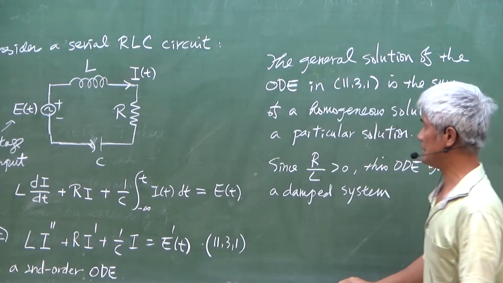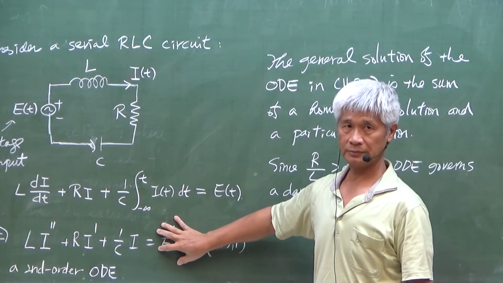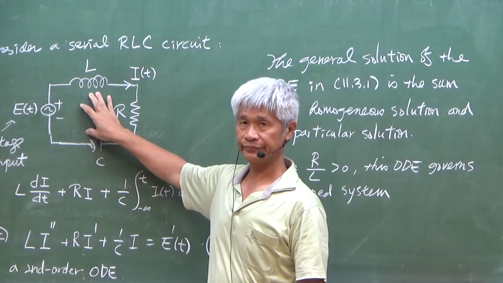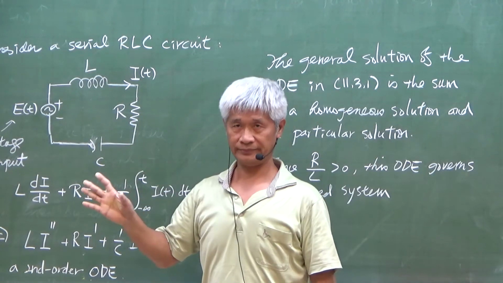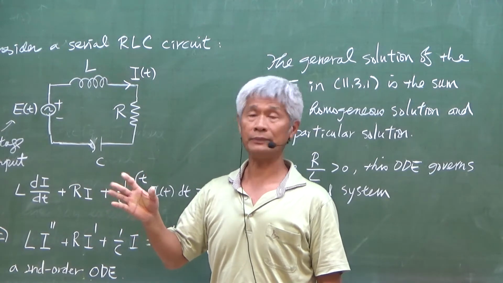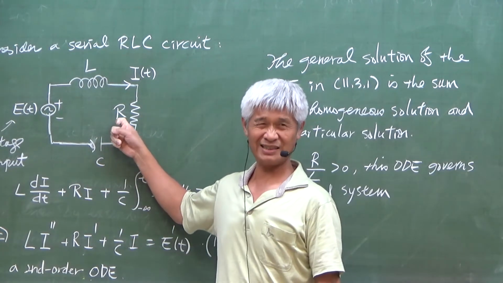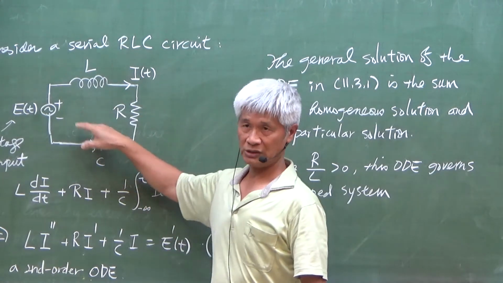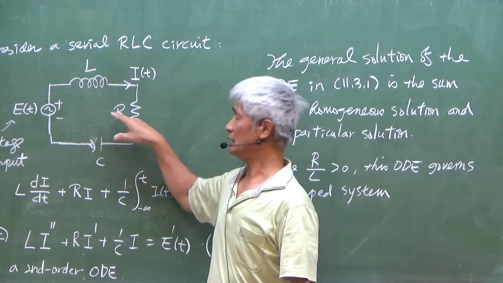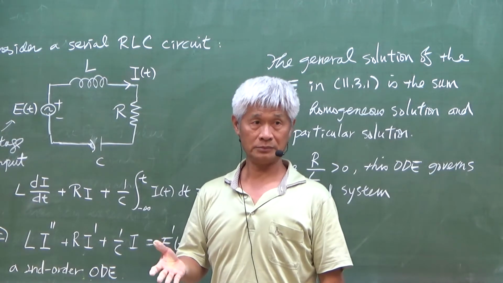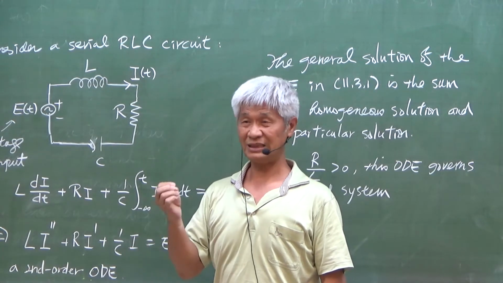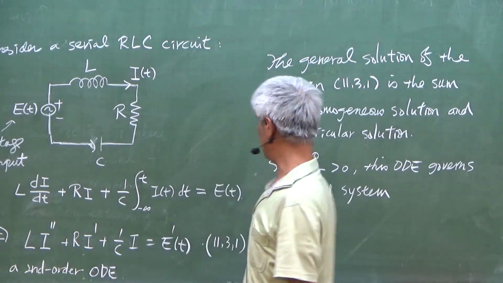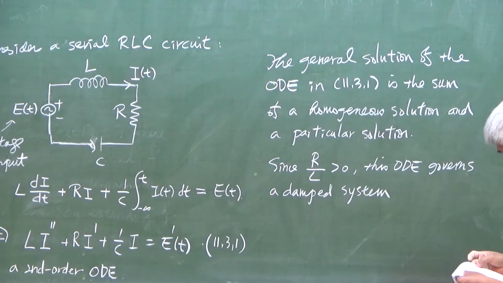A damped system is one where, without external force, even though you have initial energy, the energy will go to 0. Why? Because you have resistance here, right? The resistor will turn the electrical energy into what? Into thermal energy only, right? So it dissipates into the air and vanishes. So it's called a damped system.